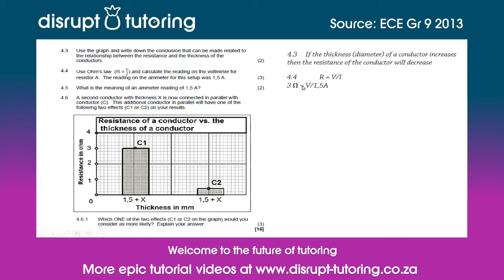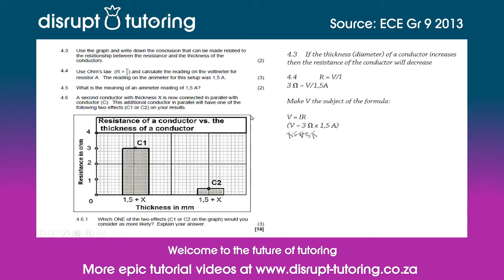So we're saying 3 ohms equals V over 1.5 A. Now we want to make V the subject of the formula, so that we can calculate the reading on the voltmeter for resistor A. To make V the subject of the formula, V equals IR, and putting in values, it becomes V equals 3 ohms times 1.5 amps, and therefore V equals 4.5 volts. That's the reading on the voltmeter, and that is the answer to our question 4.4.